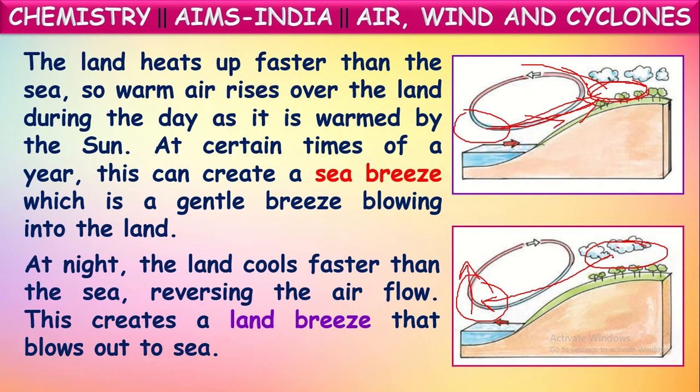So as these cool breezes are coming from the land to the sea, these breezes are called land breezes. This blows out to the sea as low pressure is created here. In this way, sea breezes and land breezes are caused because of the temperature difference and the air pressure difference.